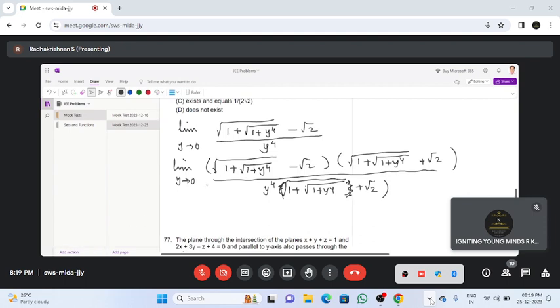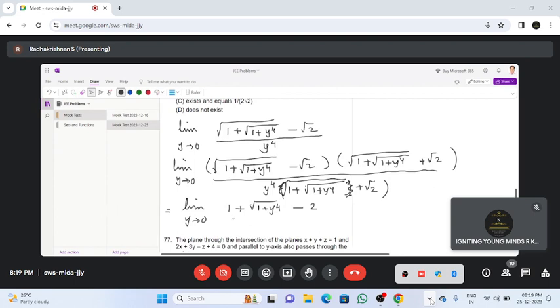Because it's all having square roots, this process actually simplifies. It becomes simply like a minus b into a plus b, a square minus b square. So the two roots in the numerator are gone and it becomes a single root.